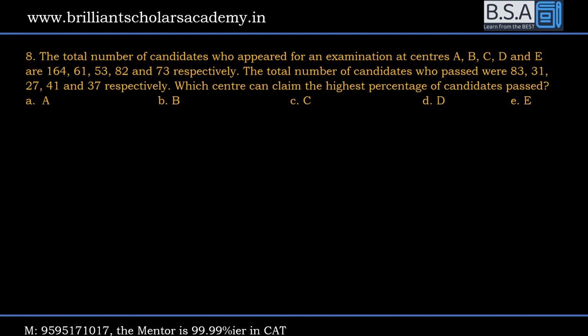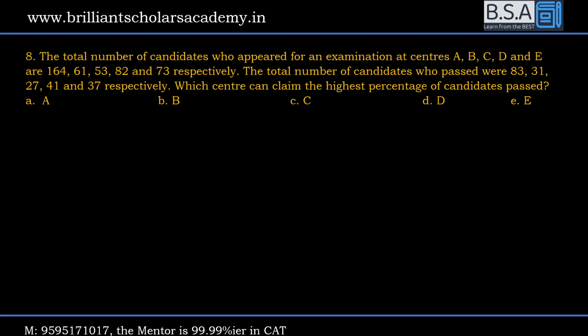Now this in a manner is revision of what you've already done in speed maths. Total number of candidates who appeared the examination at centers A, B, C, D, E. Some numbers are given. Total number of candidates who passed these examinations, those are also given.